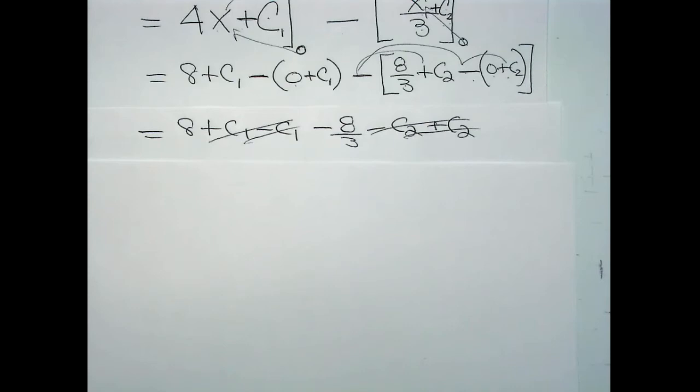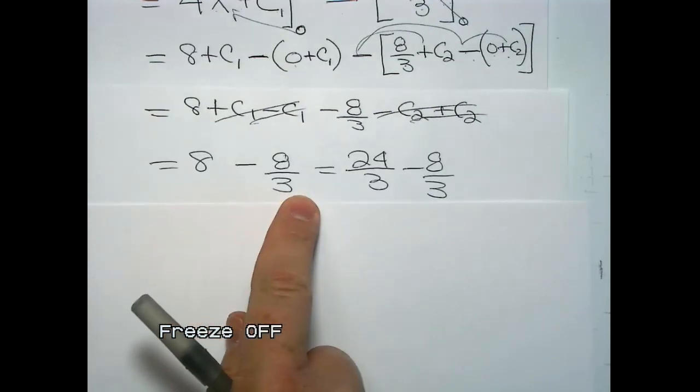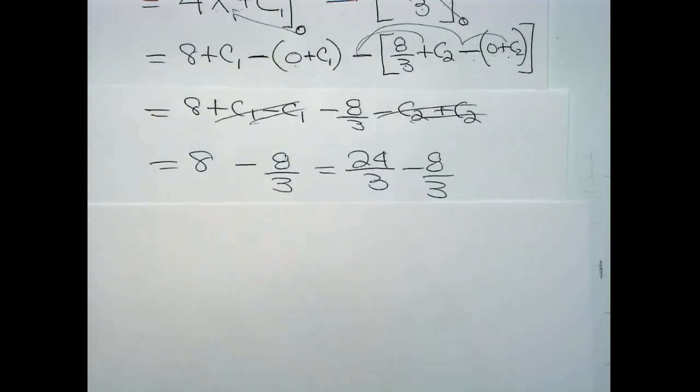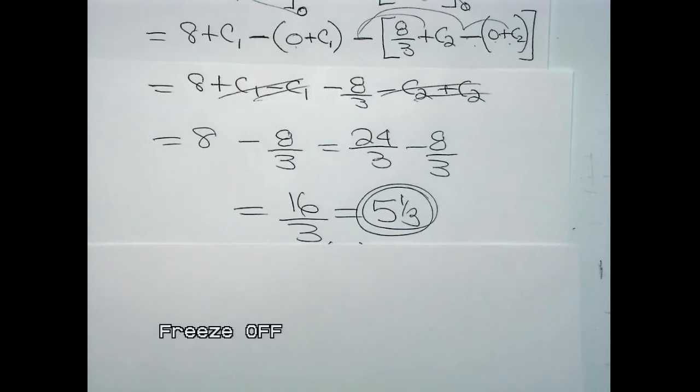The area beneath this curve is 8 minus 8/3, which is 24/3 minus 8/3, which is 16/3. 16/3, that's 5 1/3. So we did get our result, the same result we got by getting the area under the curve using the limit method, which is the hard way. This is much easier using calculus.